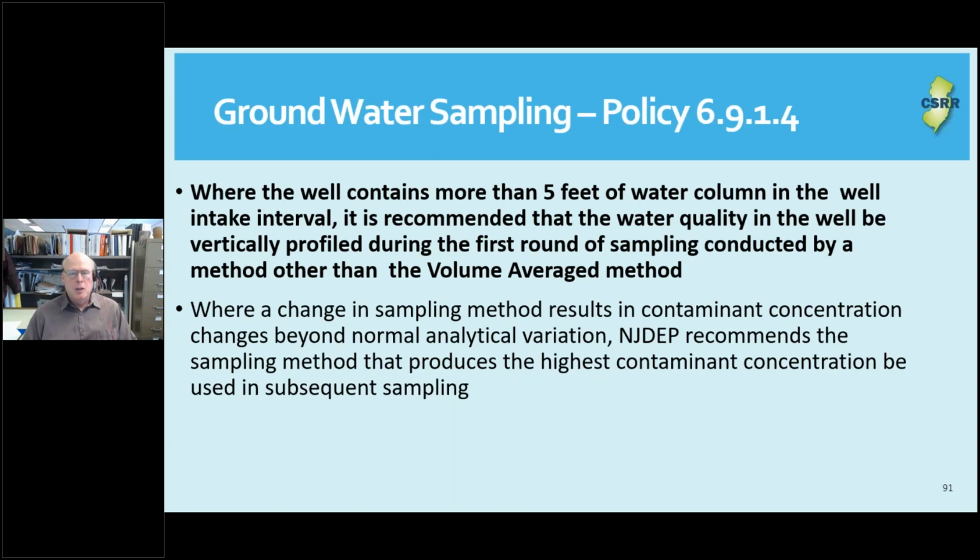This recommendation is well specific. Where a change in the sampling method results in contaminant concentration changes beyond normal analytical variation, it is recommended that the sampling method that produces the higher contaminant concentration be used.